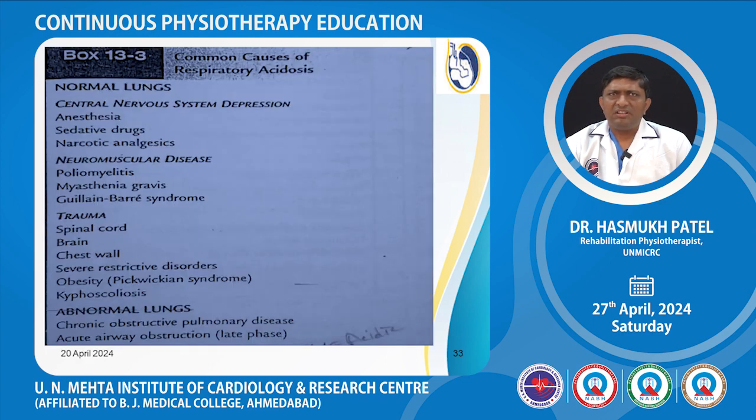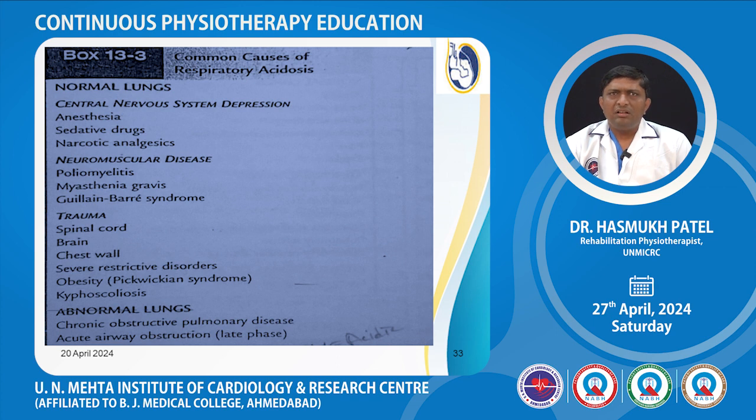Common causes of respiratory acidosis are central nervous system causes: anesthesia, sedative drugs, narcotic analgesics. Other causes are neurological diseases like poliomyelitis, myasthenia gravis, Guillain-Barré syndrome. Some other trauma occurs, like spinal cord injury, brain, chest wall, severe respiratory disorder, obesity, kyphoscoliosis.